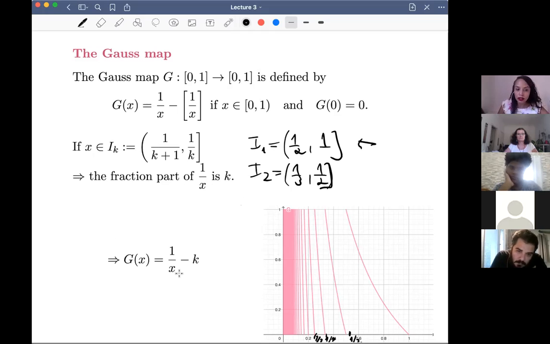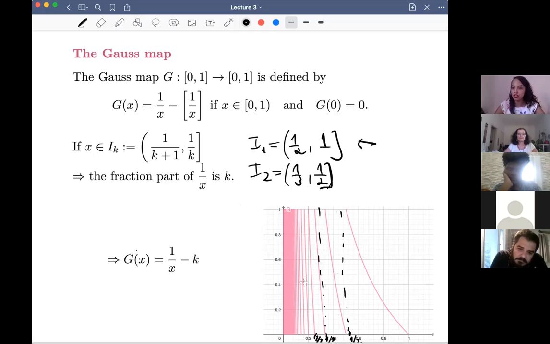So what that means is that inside of these intervals, the Gauss map is only 1 over x minus k. So in each of these intervals you have the map 1 over x, and you translate by k.